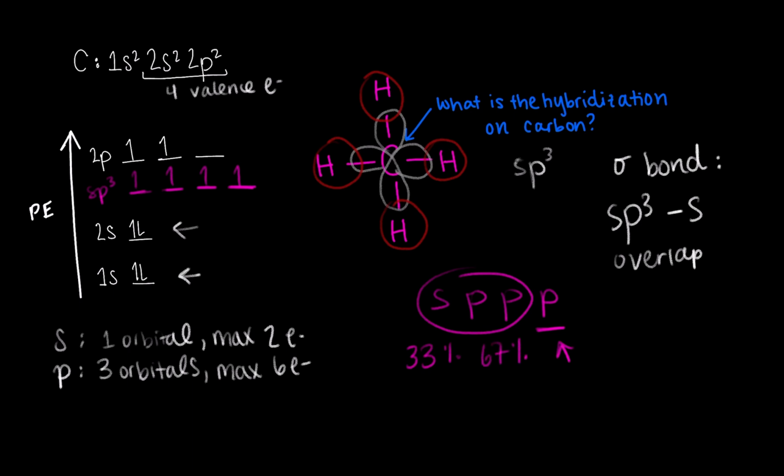So we have a little bit more s character here. I know that's not exact, but that available p orbital is very important, because if we have something that's sp2 hybridized, that means that we have a double bond. And in order for a double bond to happen, we need to be able to create a pi bond, which is only possible with a p orbital. So that's a little preview for the next video, but hopefully this helped you understand what it means for something to be sp3 hybridized.